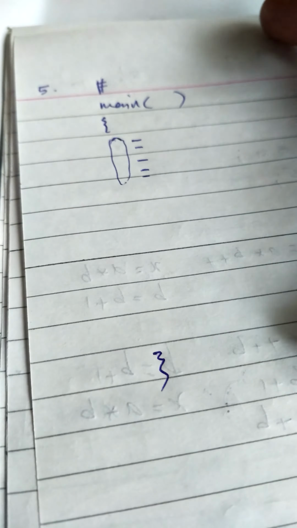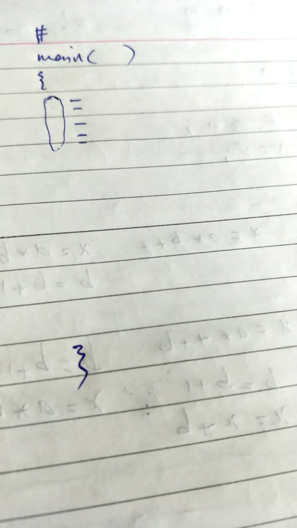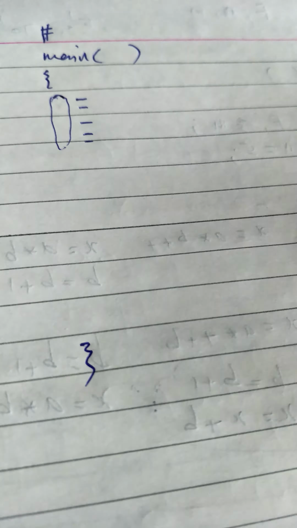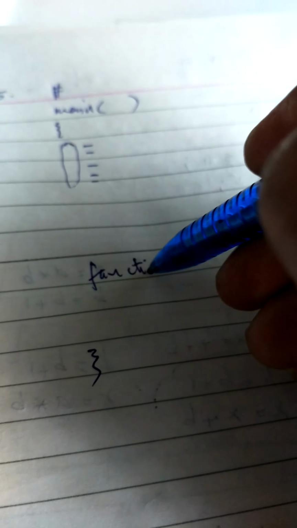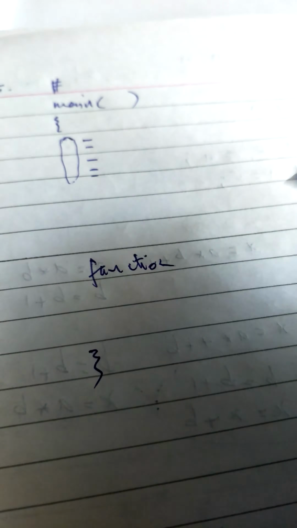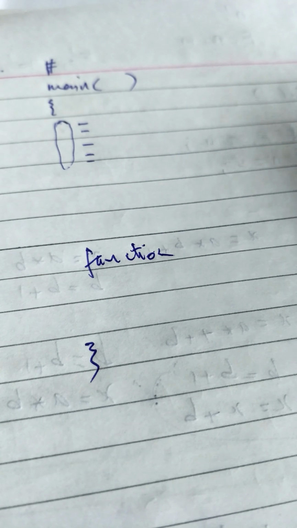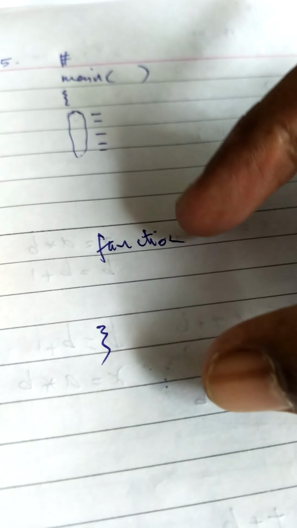Now if we consider a structured program, you have a main program with many functions inside that we developed. So let's say we have some function here. This is considered as another sub-program in the program. We have a main program, then we have sub-program.